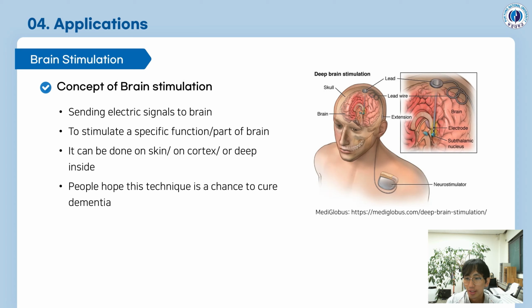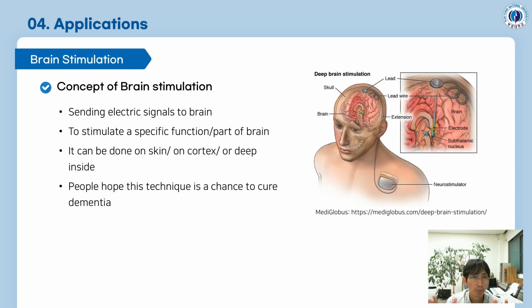It can be done on the skin. So you can put some electrodes outside of our brain, on our head skin, and then send some signals to stimulate deep inside our brain. This is possible, and it is also possible to put electrodes directly deep inside our brain and then give some electric signals. This is used to cure some diseases like dementia.